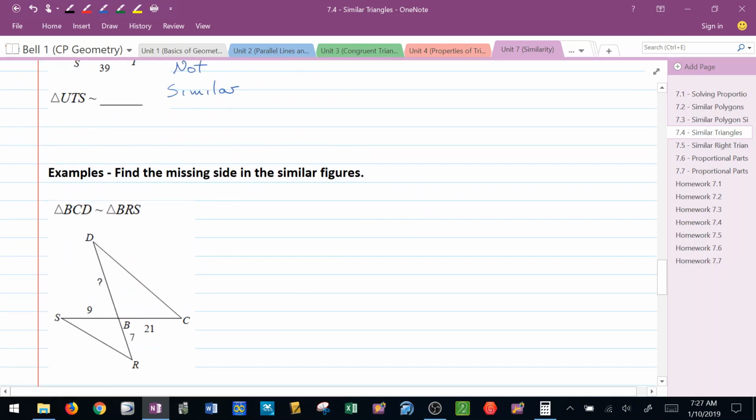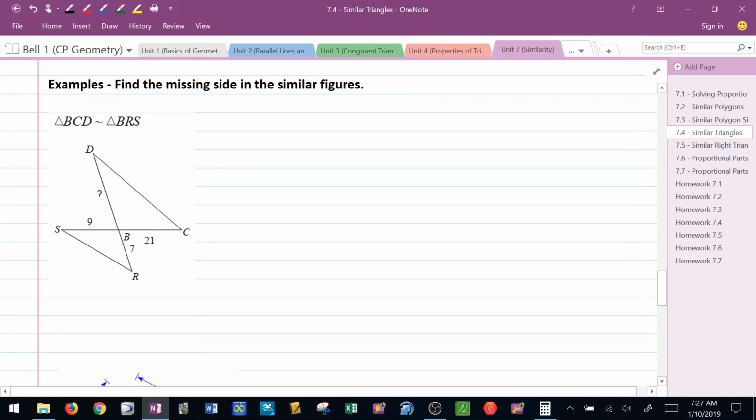All right. The second task for today is how do I find missing sides? And notice what they do here is they tell me that the figures that you're dealing with are in fact similar figures. Okay? Now what this similarity statement does right here is it allows me to create the extended proportion. So on this first one, I'm going to write it all out so you see it.